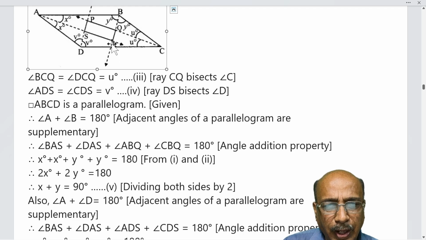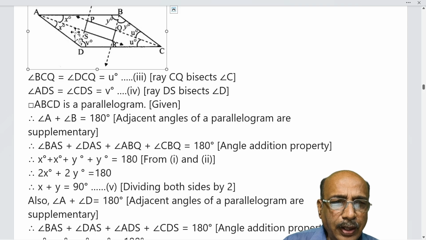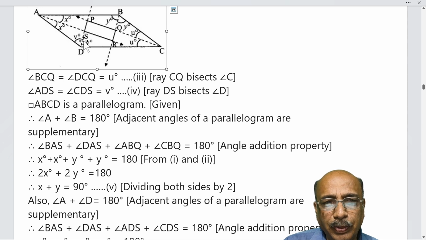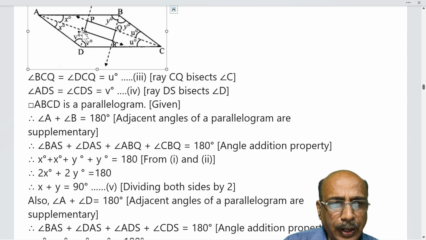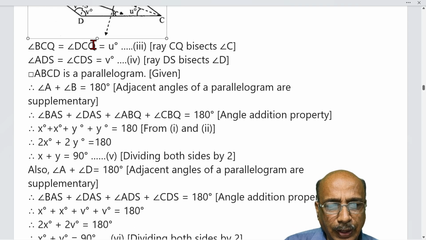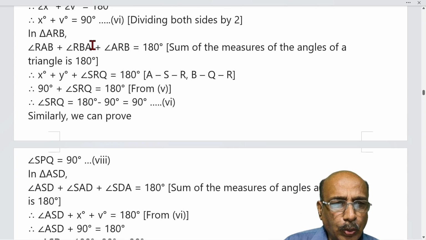So angle ARB equals 90 degrees. Similarly, 2x plus 2v equals 180 degrees, and x plus v equals 90 degrees. Therefore, in triangle ASD, x plus v is 90 degrees. Therefore, angle ASD equals 90 degrees, as the sum of all angles in a triangle equals 180 degrees.